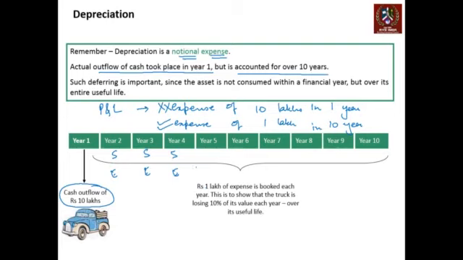And that 1 lakh is a notional expense, which means a non-cash expense. You're just showing it as an expense, but the cash outflow never happened at that point in time, right? 1 lakh of notional expense is the truck's value consumed every year.